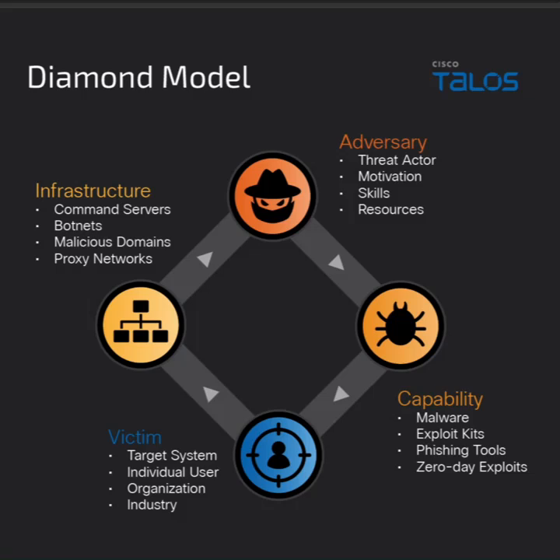The diamond model is focused on four main keys: infrastructure, adversary, victim, capability.